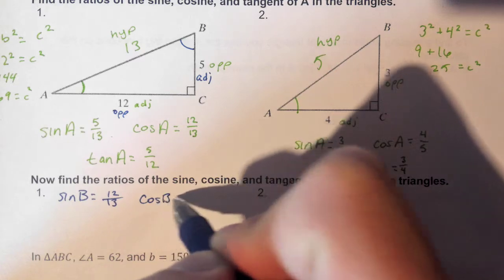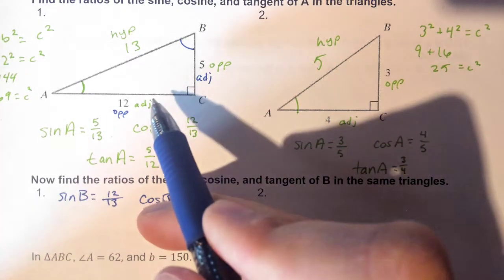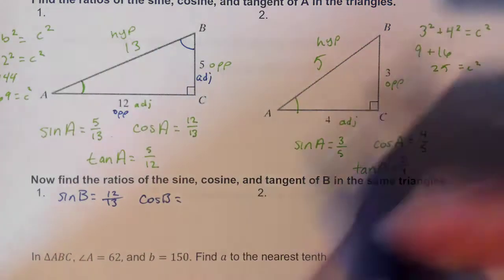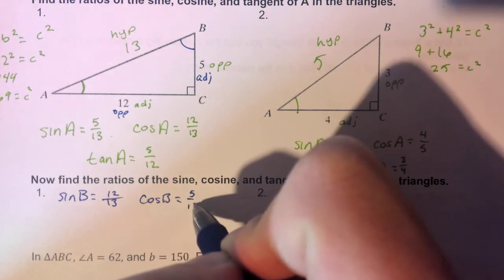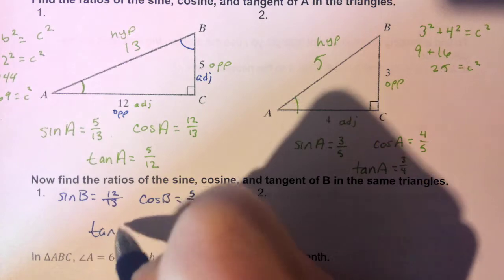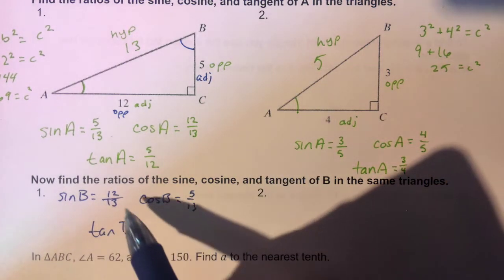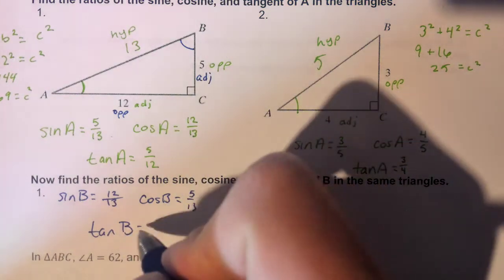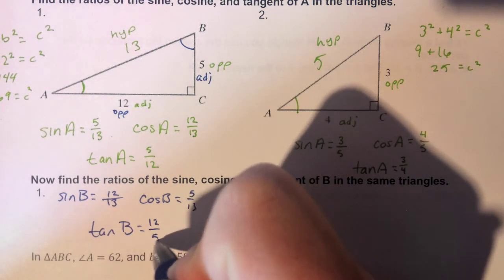Cosine of B is CAH, adjacent over hypotenuse, so that would be 5 over 13. And then tangent of B, TOA, opposite over adjacent, 12 over 5.